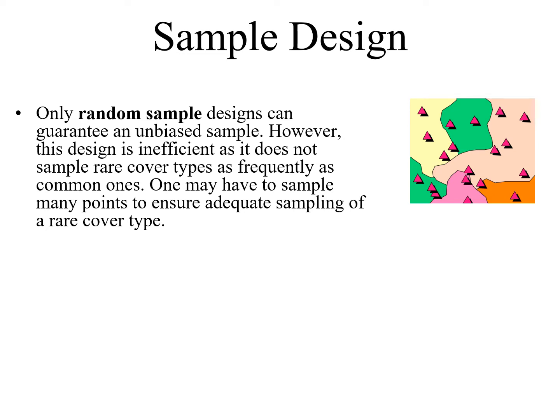And so you may have to sample a lot of points to ensure that you get adequate sampling of a rare cover type. Conversely, you're going to wind up with a ton of points in something that you've got a lot of on your landscape, and so you might not need that many for conifer forest. It's just overkill. But that's the constraint of using a random sample design.